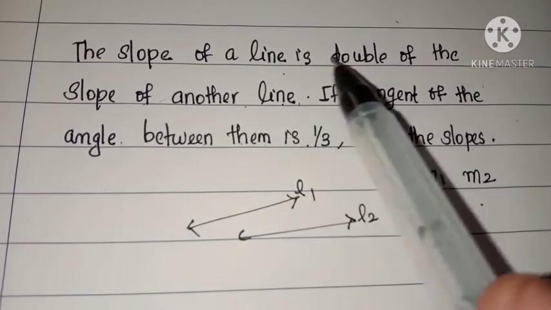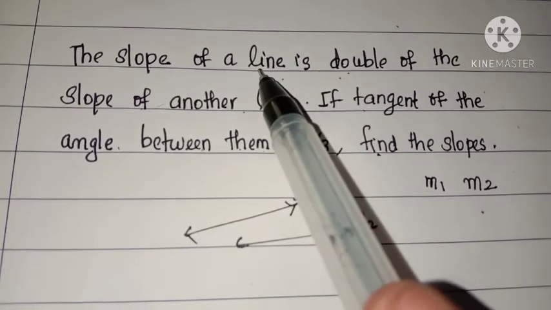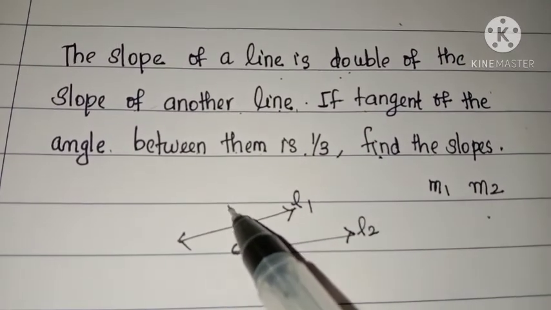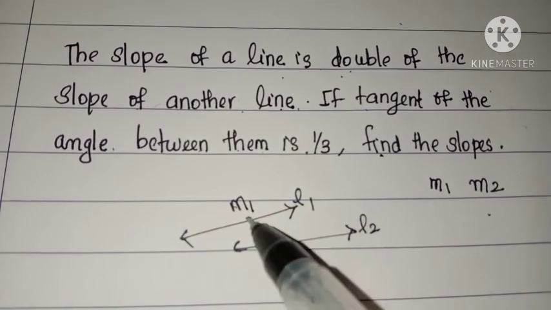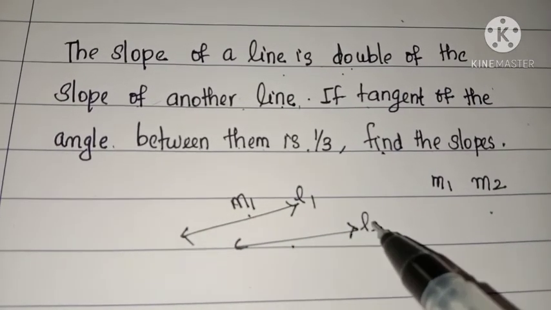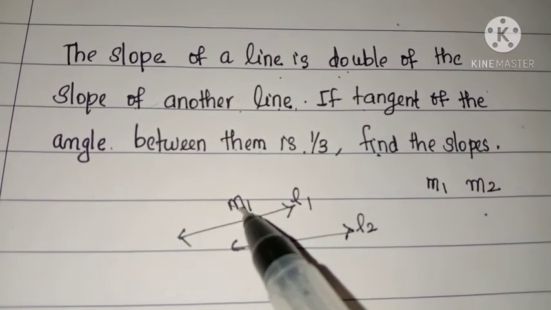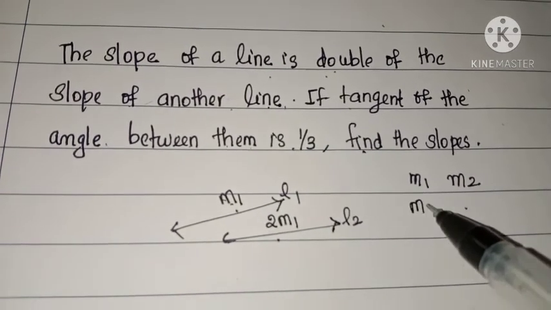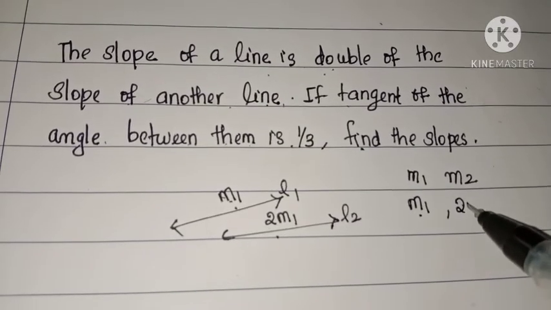Suppose this is m1, the slope of the line, then what is the slope of line L2? It is double of this slope, that is 2m1. So slopes are m1 and 2m1.